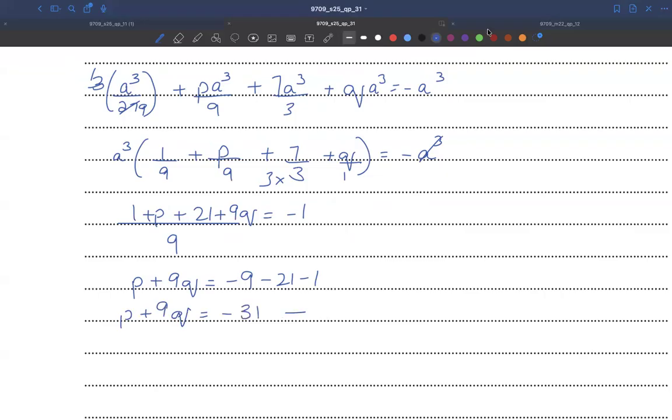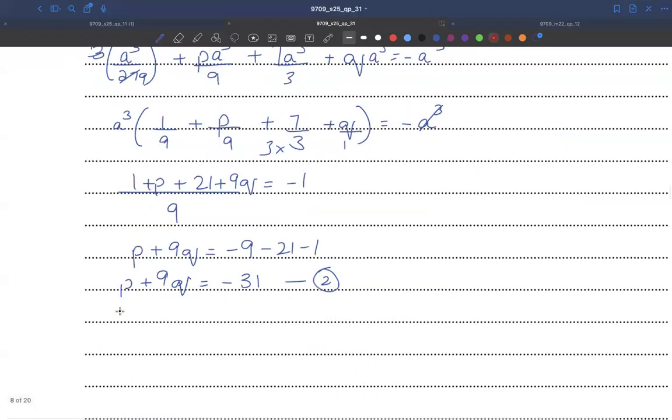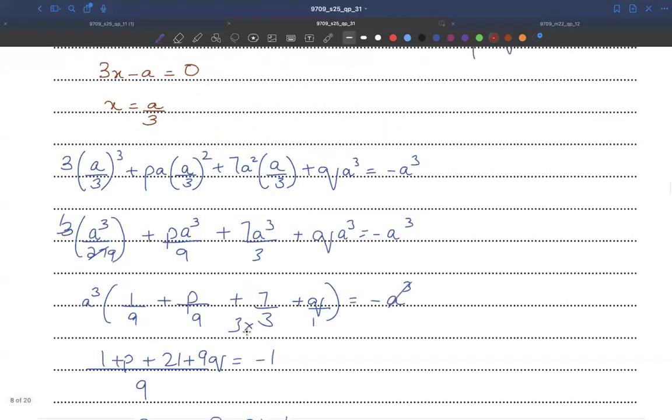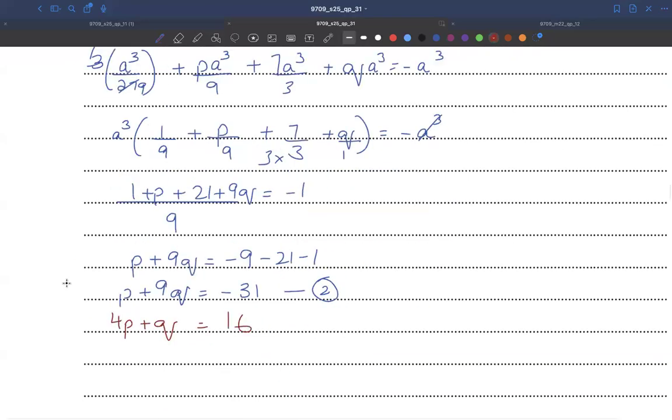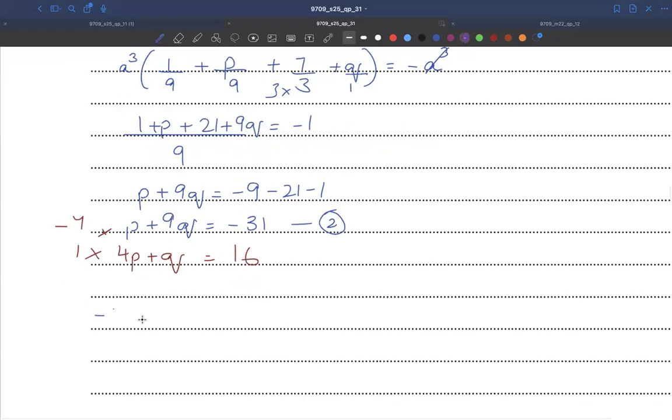Now we can solve these two equations simultaneously. The first equation was 4p plus q equals to positive 16. We can simply multiply this equation by 4 and this by 1. We can multiply by minus 4. So this will become minus 4p minus 36q equals to 31 times 4 would be minus 124.